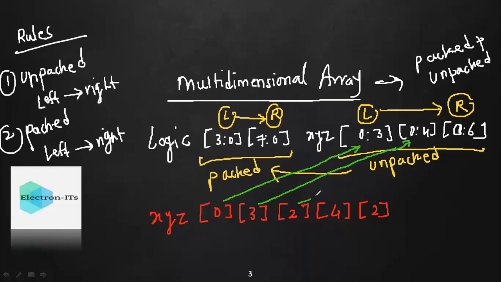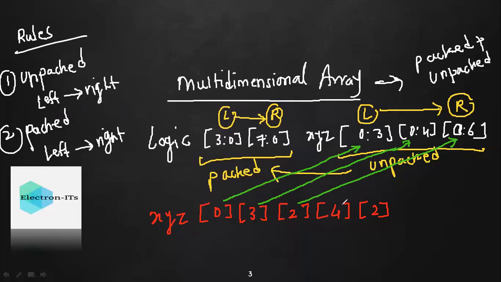Then this 2 is from this dimension, which is 0 to 6. Why is this so? Because according to the rule, you have to first focus on unpacked, and that too from left to right. The 3 is from 0 to 4 and 2 is from 0 to 6.